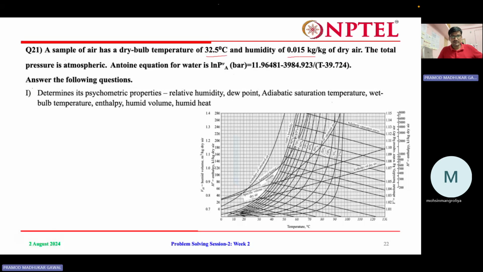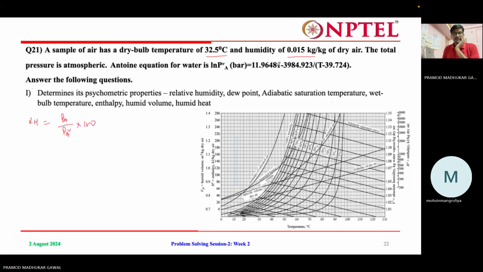So here Tg is given, humidity given, total pressure given, and this equation given. First we have to calculate the relative humidity. Here you have to use the formula and calculate these psychrometric properties. First the relative humidity, RH. The formula is partial pressure divided by vapor pressure into 100.